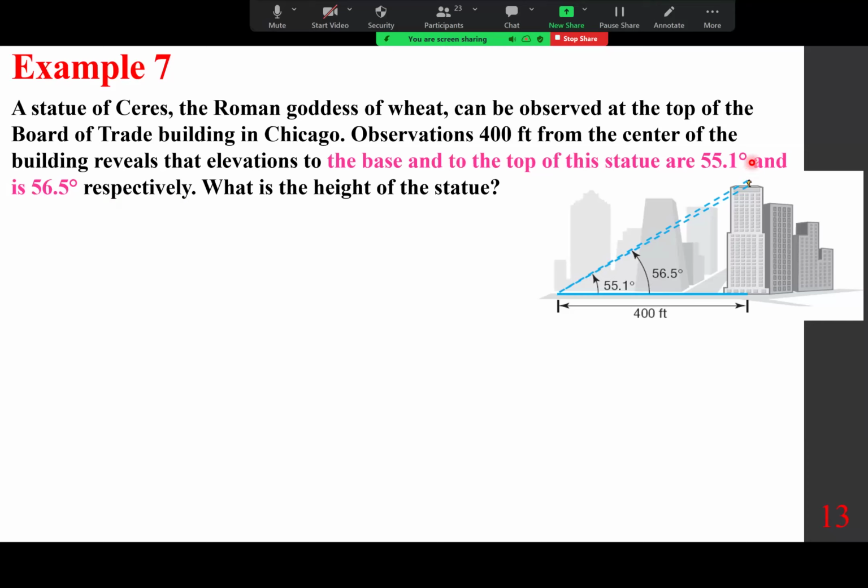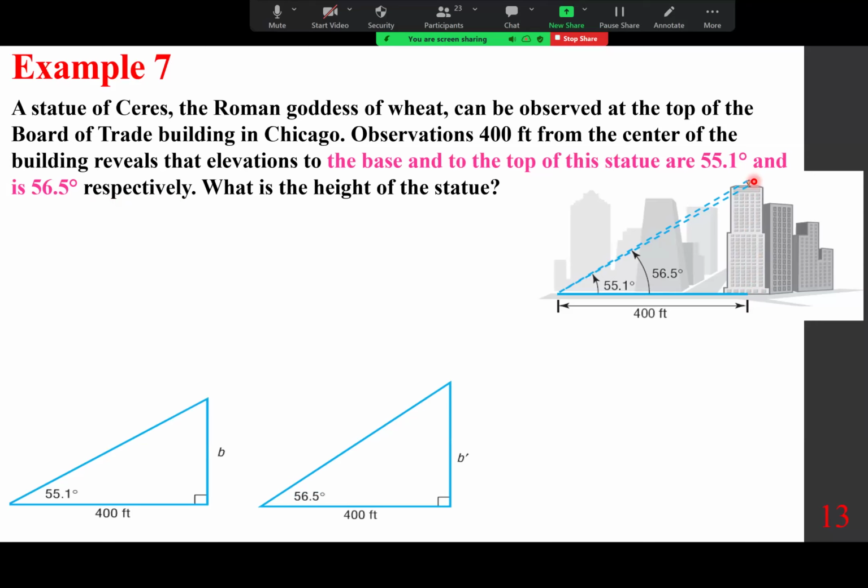So we want to find the height of the statue. I hope you can see that if you drop a perpendicular here, from the base to this is one, and from the base all the way to the top of the statue, we will get the following. So 55.1 degrees, the smaller angle, gives us the base.